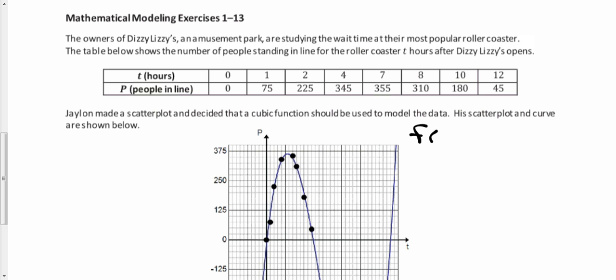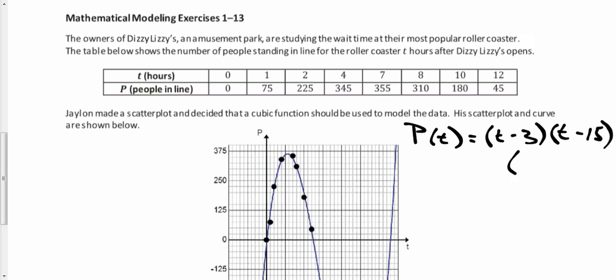Let's do P of t equals, and this isn't the cubic function, but I'll just give an example. So maybe it's t minus 3 times t minus 15 times t minus 37. Maybe that's the cubic function. Okay?